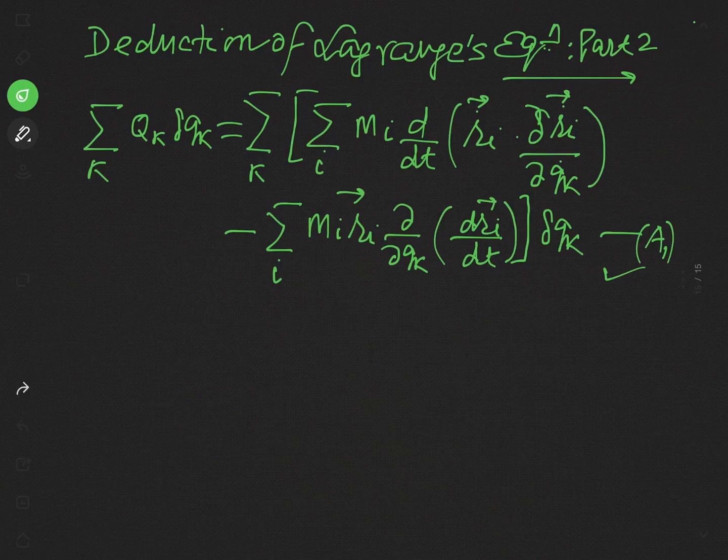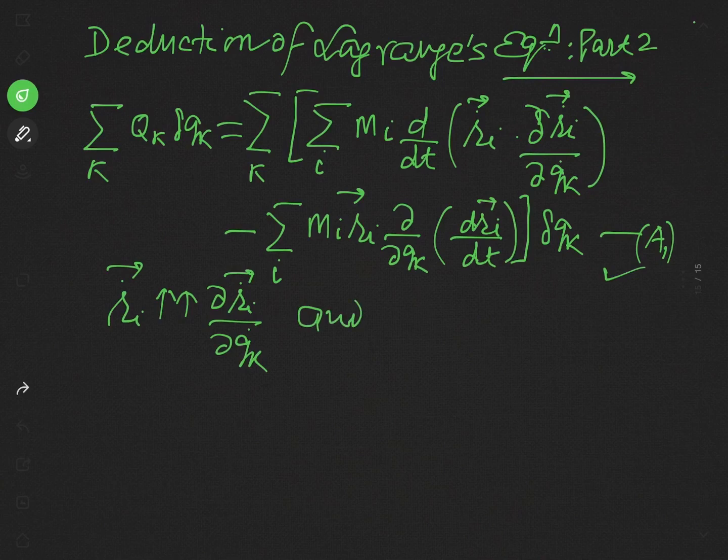Now see, in equation A1, the vectors ri dot and this vector del ri dot by del qk dot are in the same direction. So you may say the vectors ri dot and del ri dot by del qk dot are parallel to one another.